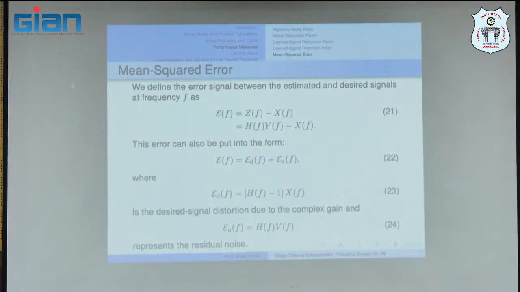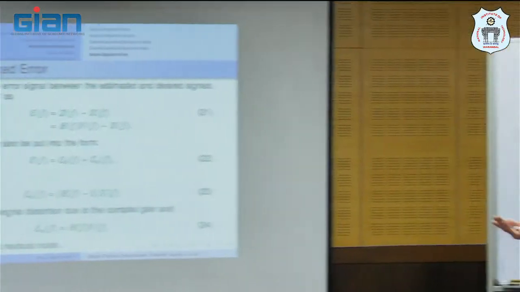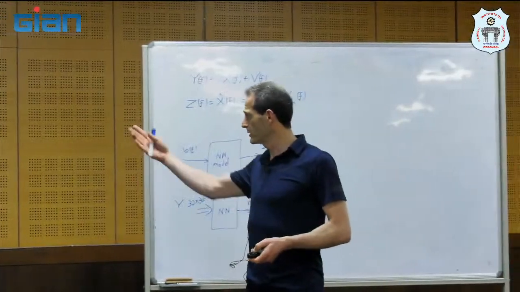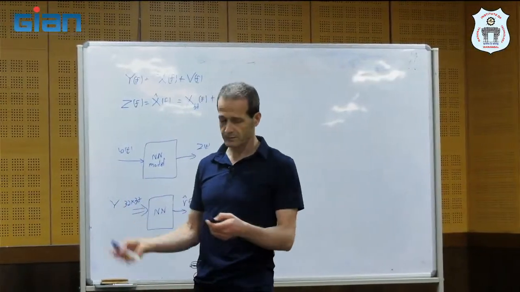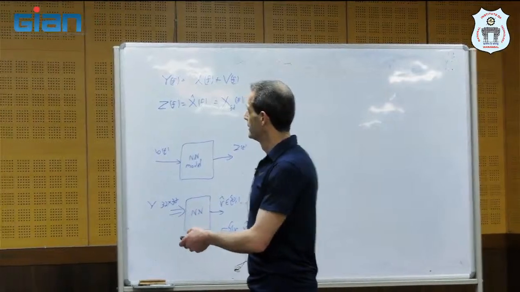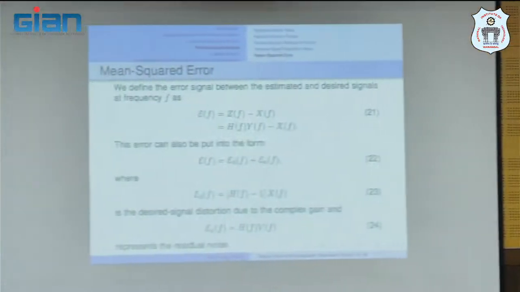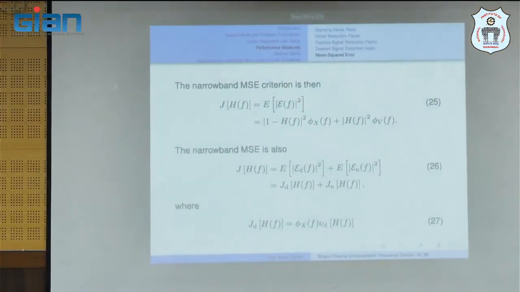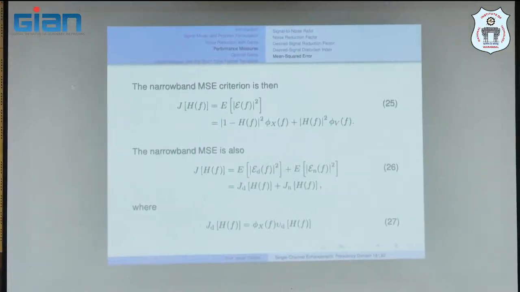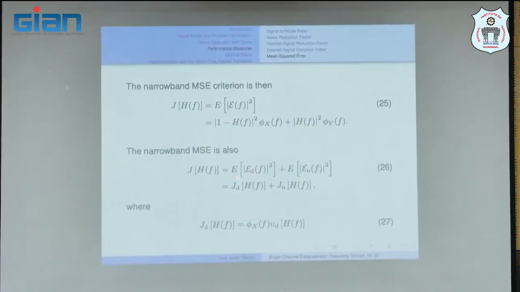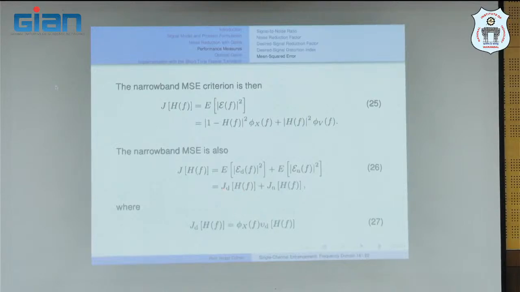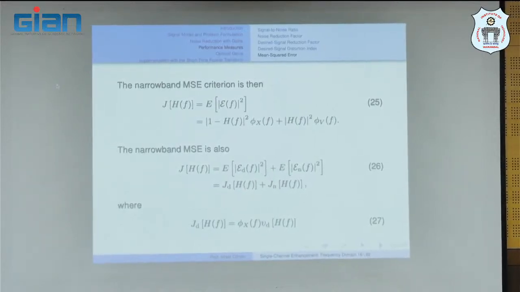Sometimes we can even say they are statistically independent, but for this purpose it's enough that they are uncorrelated. We can write the mean squared error as a summation of two components, one based on the distortion and one based on the noise, just like what we had in the time domain.